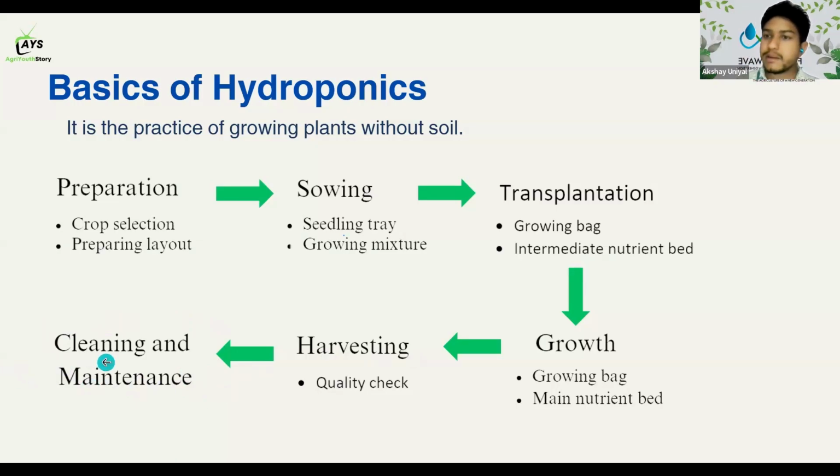For that, a cleaning and maintenance check is very compulsory. We do not want any residue of the previous crop to come into the newer crop because it might be a different crop and the nutrient mix might be different. We do not want any diseases from the previous crop to affect the next crop.